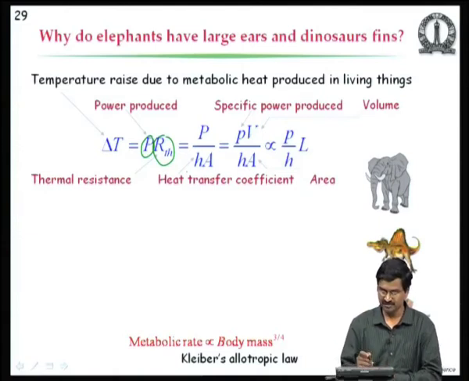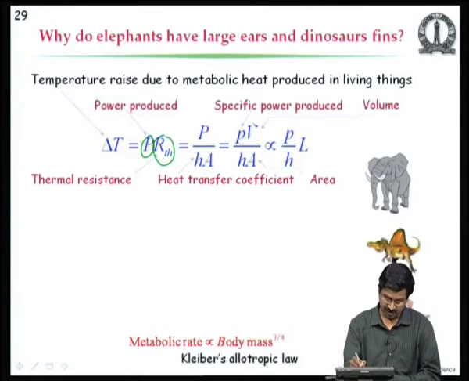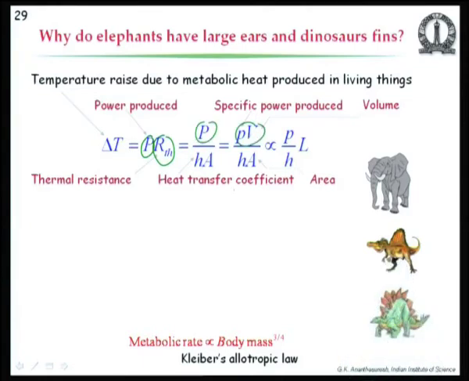So, large animals will have a lot more heat generated. P will be proportional to the specific power that they produce times the volume. Large animals will have larger PV, so larger P, and then HA, the area, as we said at the macro scale, the volume looks much bigger than the area. So, you do not have sufficient area.